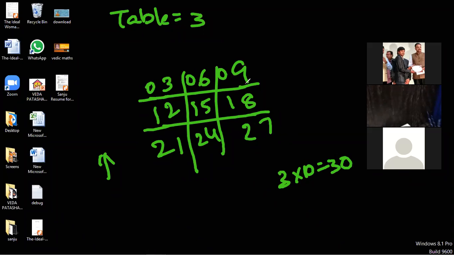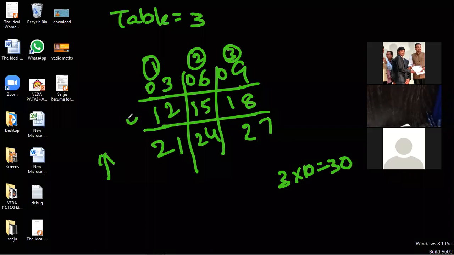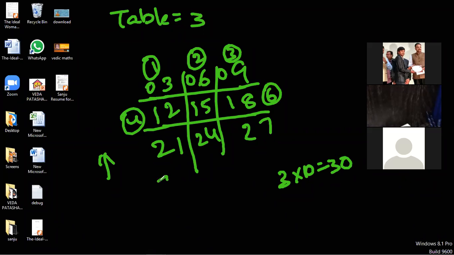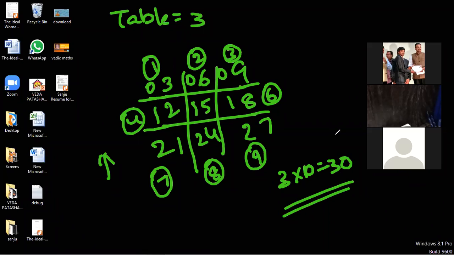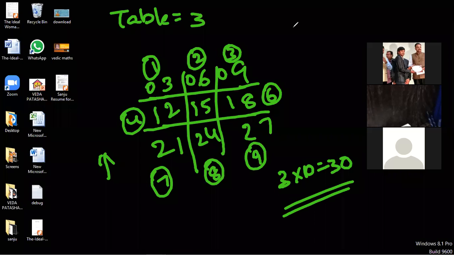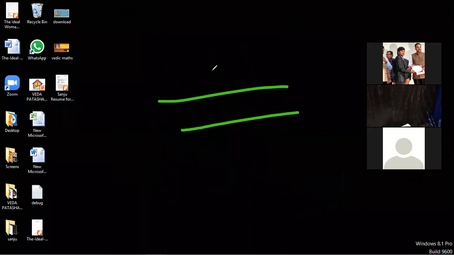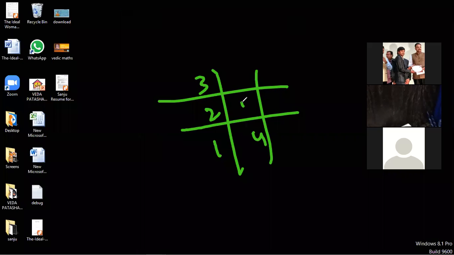3 times 1 is 3, 3 times 2 is 6, 3 times 3 is 9, 3 times 4 is 12, 3 times 5 is 15, 3 times 6 is 18, 3 times 7 is 21, 3 times 8 is 24, 3 times 9 is 27, and 3 times 10 is 30. It's very easy, right? Write numbers from 1 to 9 starting from the bottom.